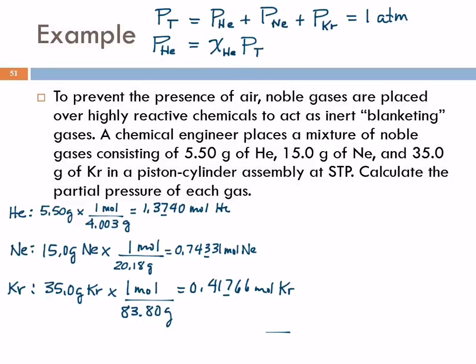So the total number of moles, let's call that N total, is going to be the sum of these, right? 1.374 plus 0.74331 plus 0.41766. 2.53497 is what my calculator tells me.